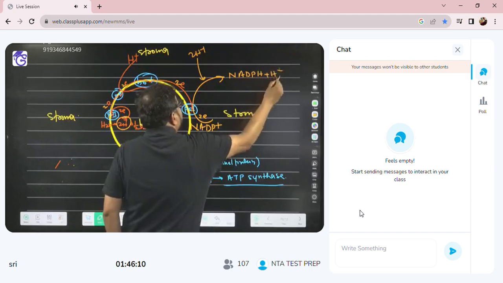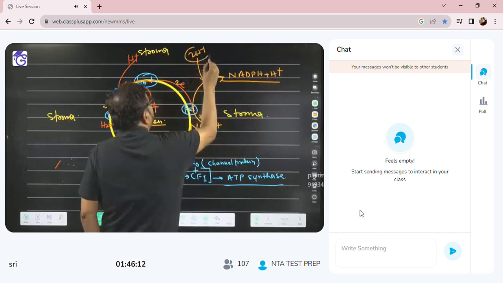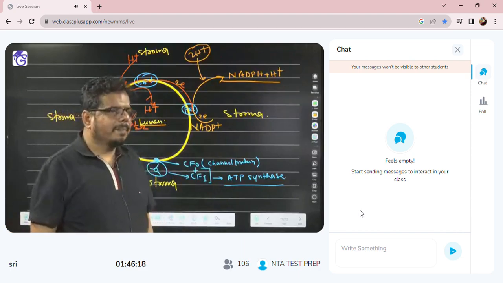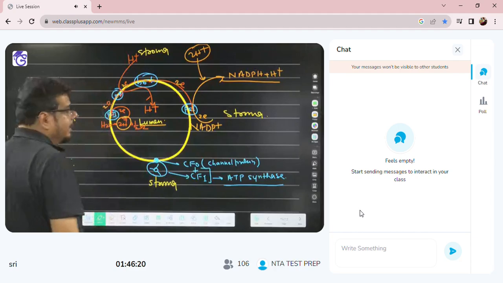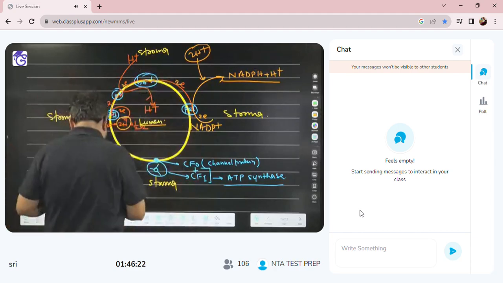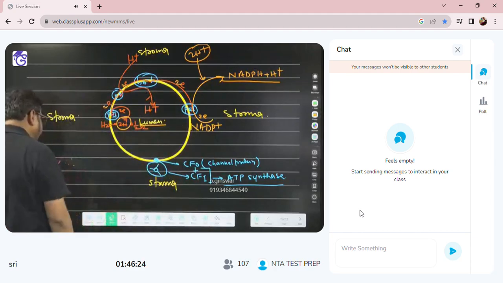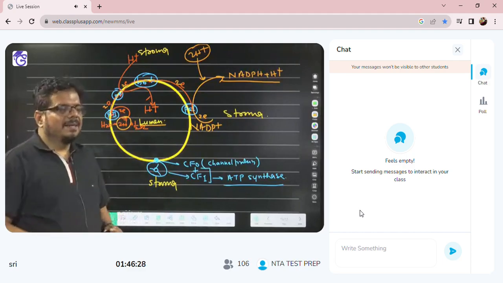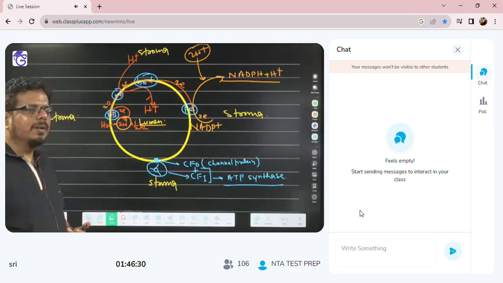So when NADPH is forming, the stroma is losing the proton. Now ultimately you tell me, due to all these events, where is more proton? Does stroma have more proton or lumen have more proton? Tell me.